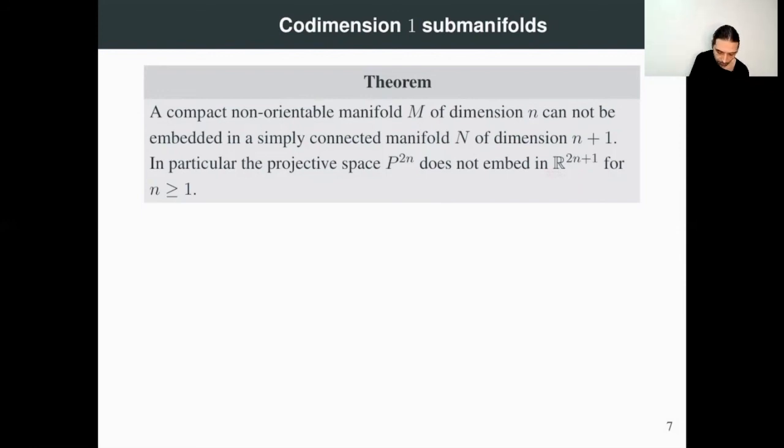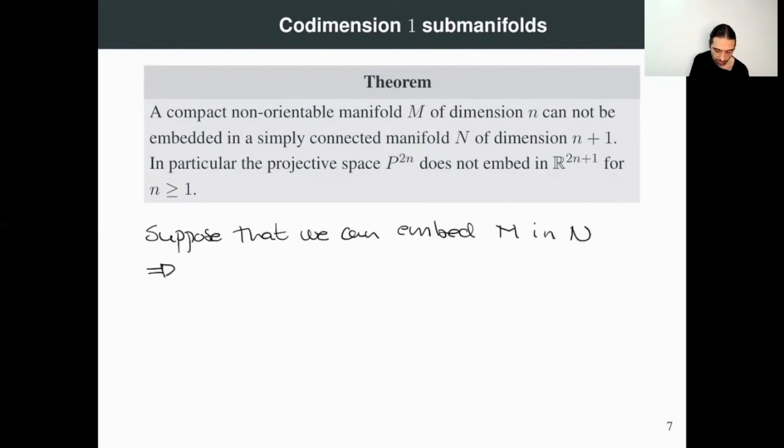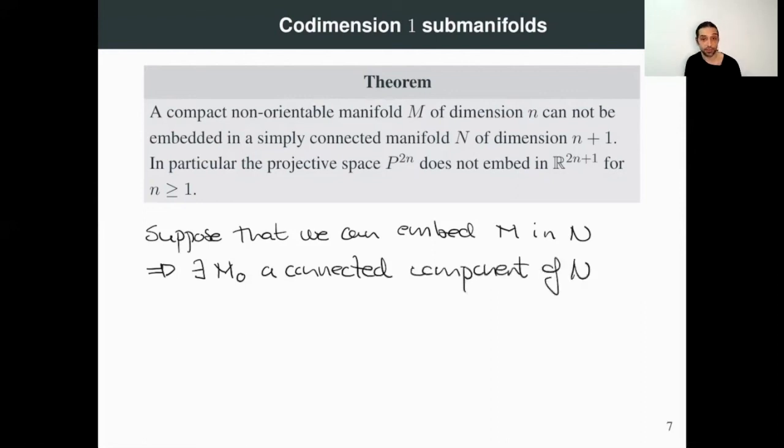Suppose that we can embed M in N. Okay, indeed, we can suppose that M is connected. There exists one of the M0, a connected component of M that is non-orientable.